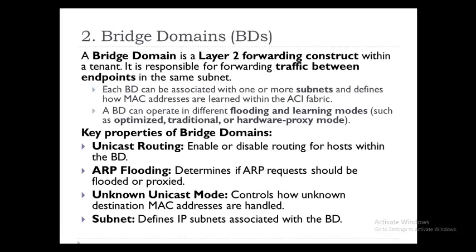So you see, bridge domain is one of the confusing topics. Need to understand this very well. It clearly says it is responsible for forwarding the traffic between endpoints in the same subnet. That is the important line that I want to underline.